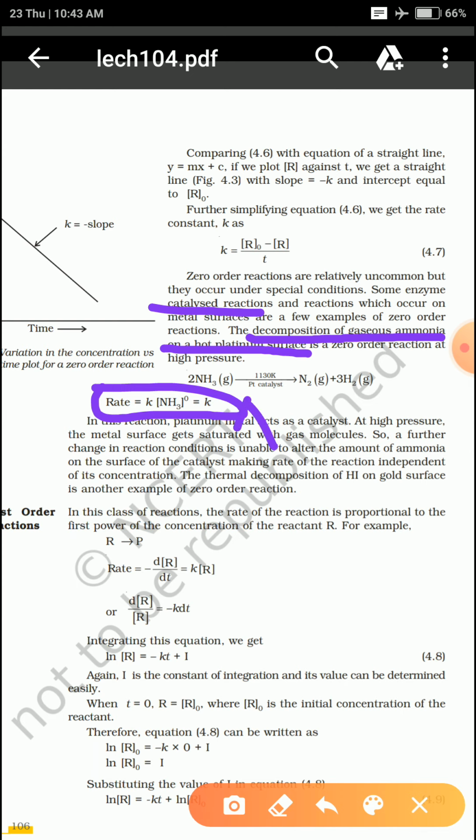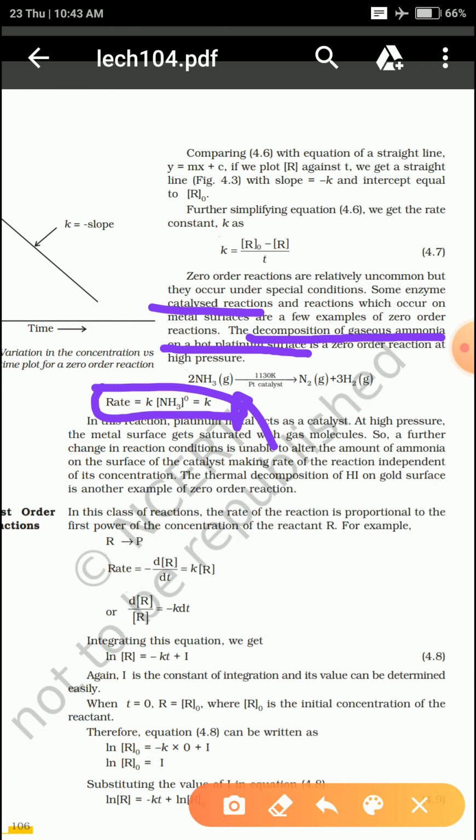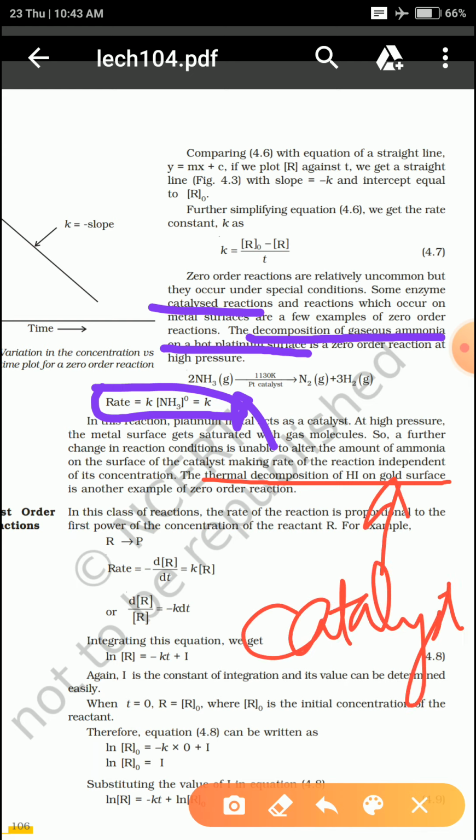Here the catalyst is platinum. Another example which uses a catalyst is the thermal decomposition of hydrogen iodide on a gold surface, where gold is the catalyst.